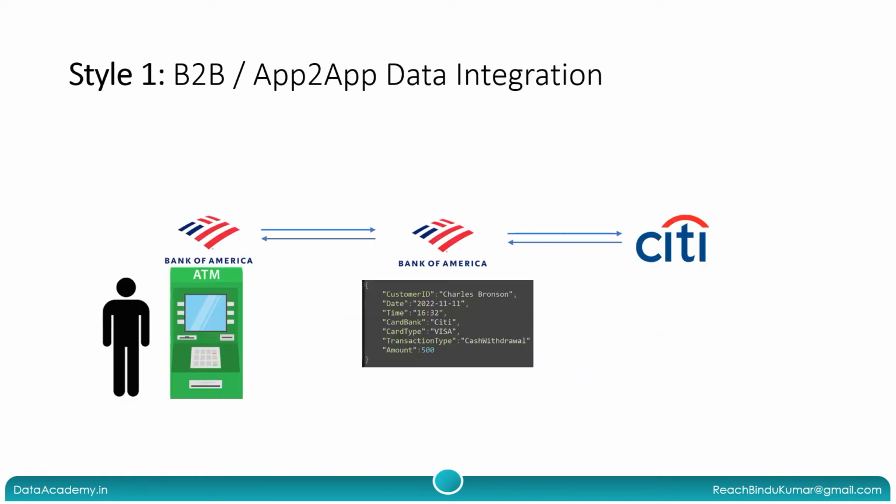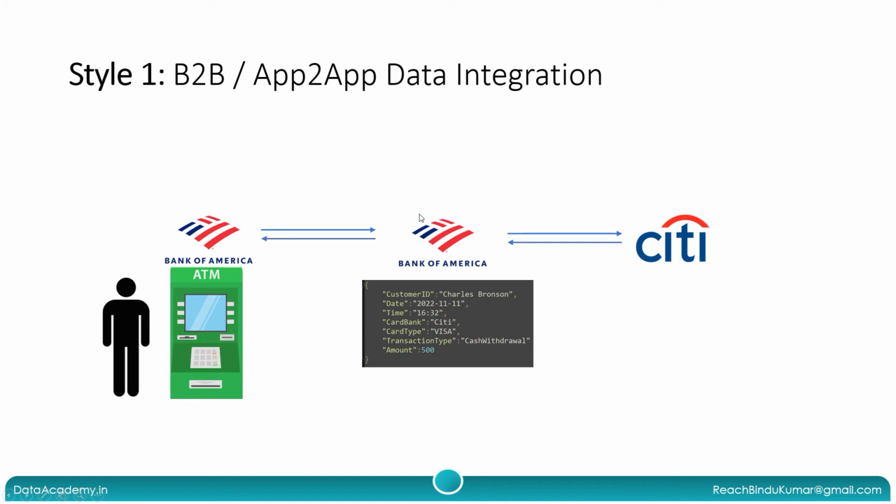Okay, so let me explain it with this example. Now, if this person is punching in all the details in the ATM, the transaction is confirmed by the person, but it has to be verified by the Bank of America as well as the Citibank as soon as possible. Only then will the cash be dispensed to the customer, right?